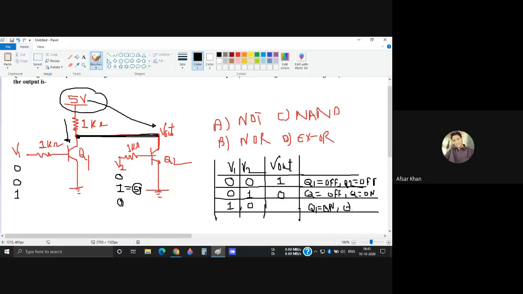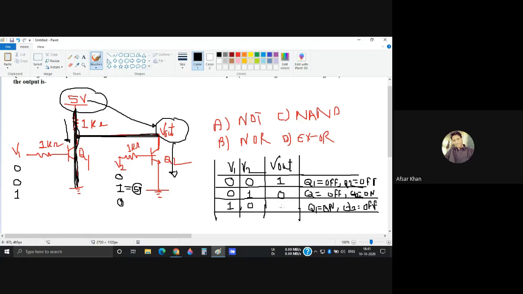Q2 is off, which means current is not going here. But Q1 is on, so it acts as a closed switch, students. If it is a closed switch, we are not getting any voltage here.